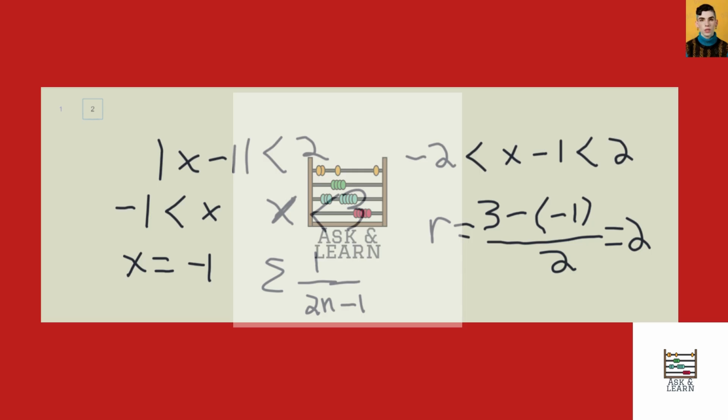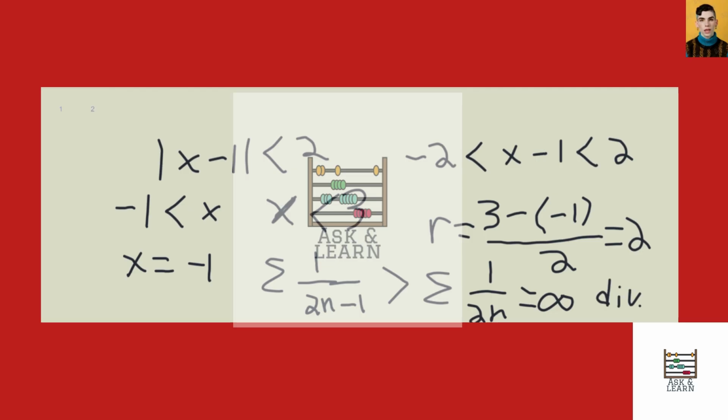And this is going to diverge because we can compare that to just 1 over 2n. This denominator is smaller than this denominator, so that means that this value has to be bigger than this value. This is 1/2 of the harmonic series, and the harmonic series we know blows up. So this is divergence here.